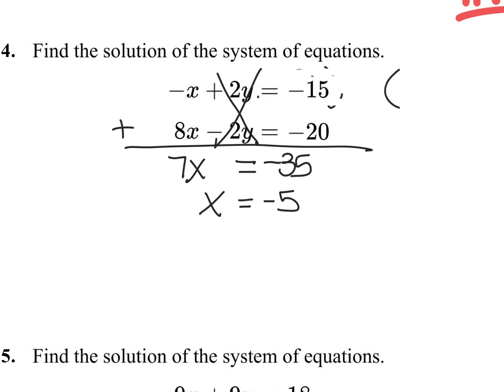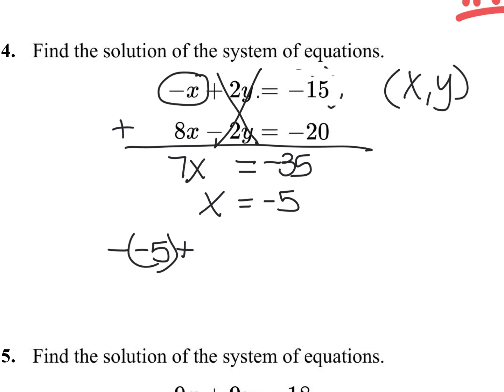Okay, so now I'm not done. I need my solution, which is an x and y coordinate, right? So I only have the x. I can substitute -5 for an x in either one of the equations. It doesn't matter. I'm going to pick the first one. And this says -x, so it's -5. So it means 5. Well, let me show you.